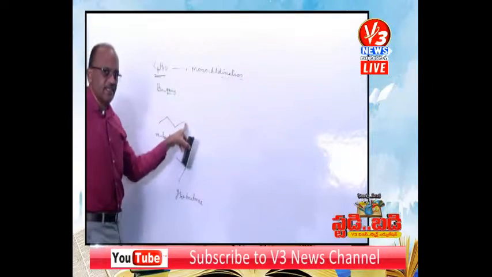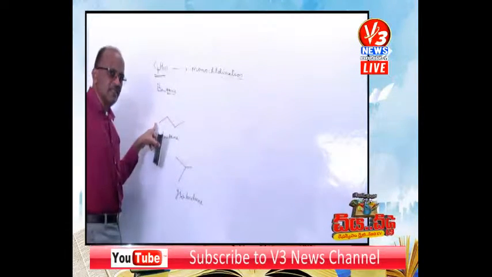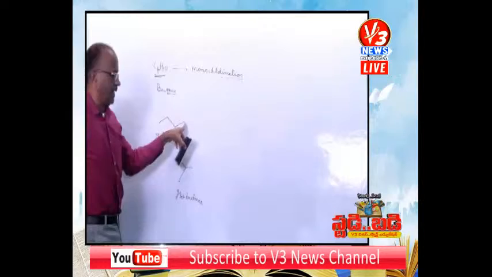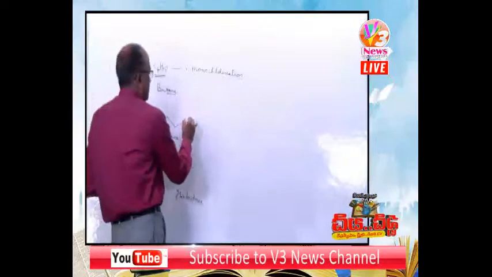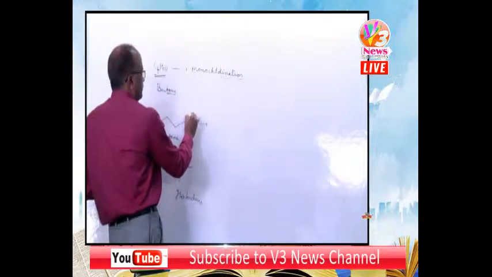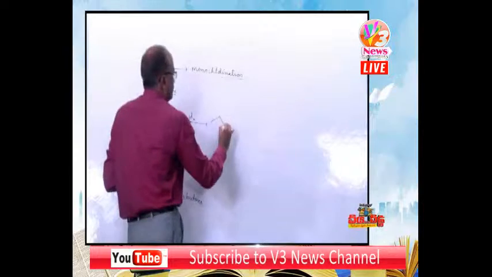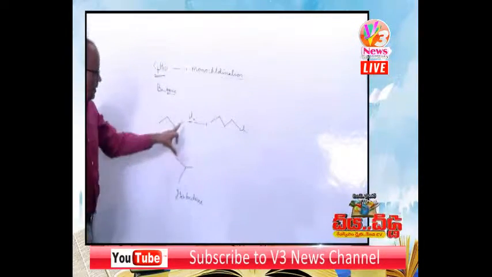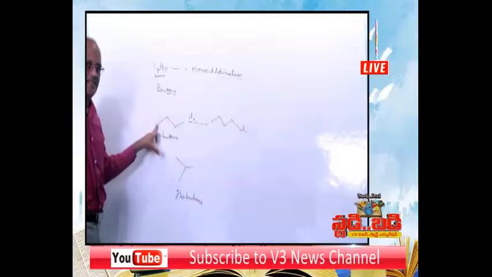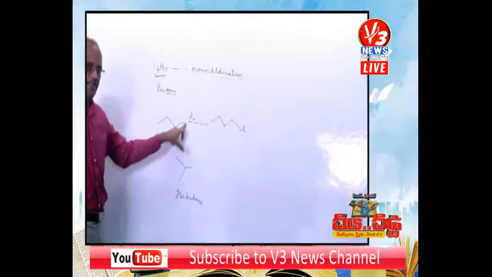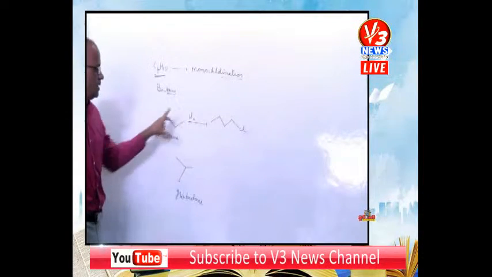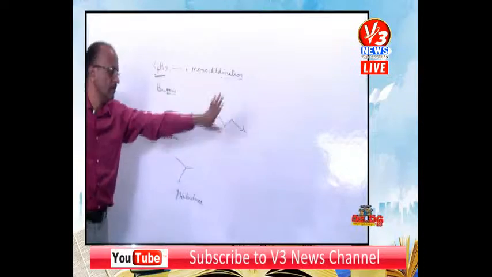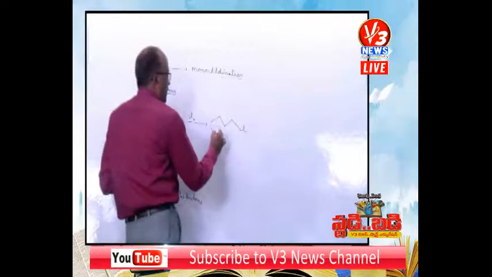N-butane. You know, here CH3 is there, CH2, CH2, CH3. Let one hydrogen from this be replaced by a chlorine, monochlorination. So here we will get chlorine. This is CH3, this is also CH3. If hydrogen is replaced from this carbon or from this carbon, we will get same compound, that is N-butyl chloride.